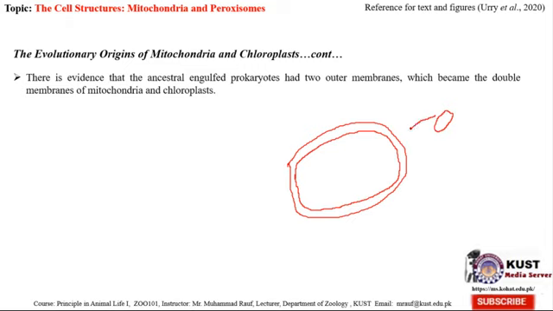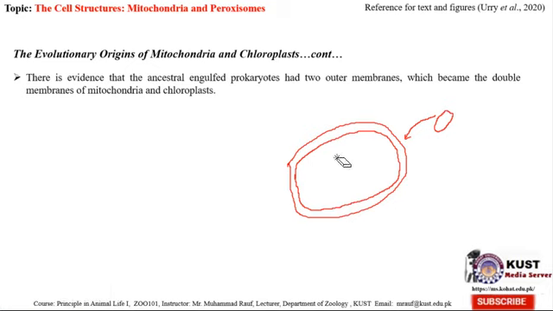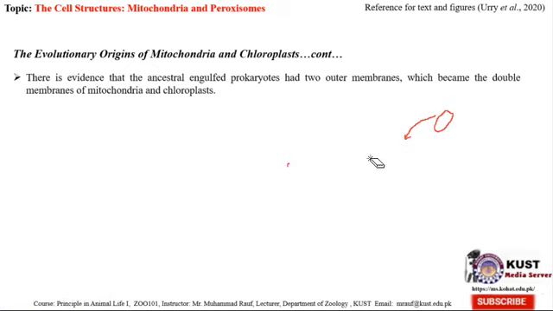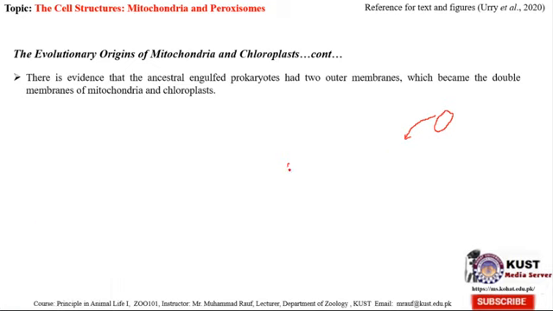As this mitochondria enters here, some of the membrane from this portion will be enwrapped around it.